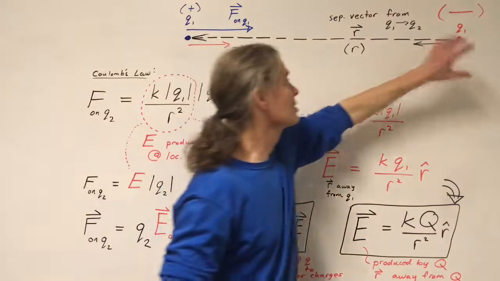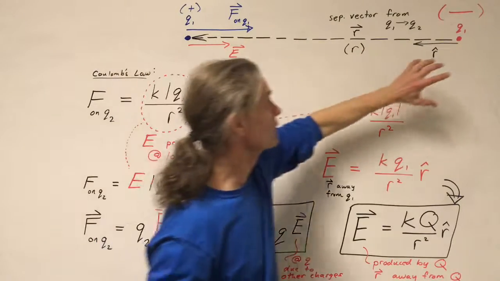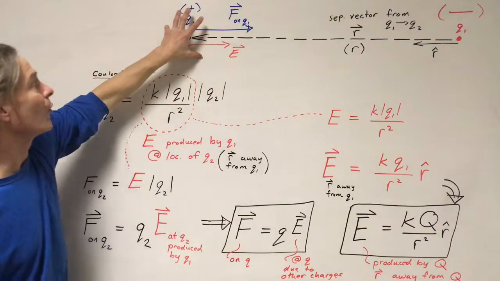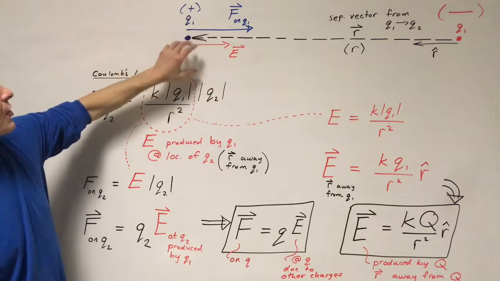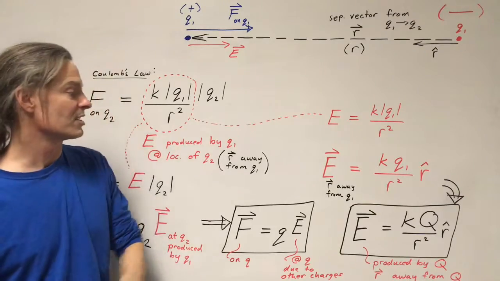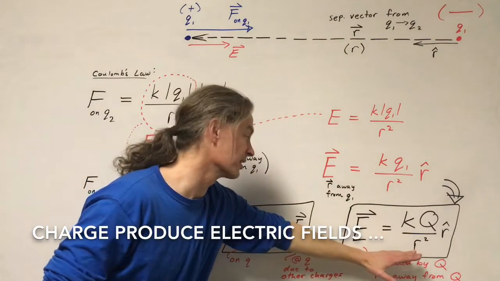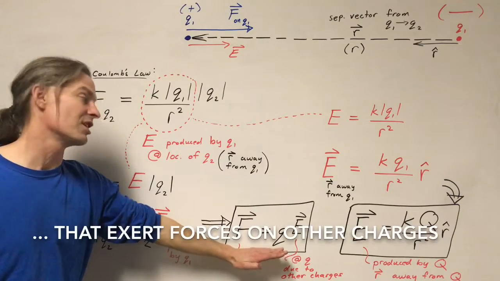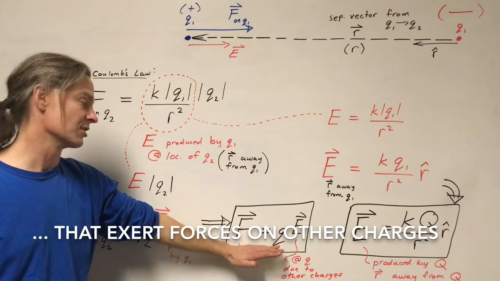Great. Once we find the electric field that this thing produces here, we can find the force that that electric field exerts on this charge by using this equation. So that's our two-step process. You use this for determining electric fields. You can use this for determining the forces on other charges produced by those electric fields.